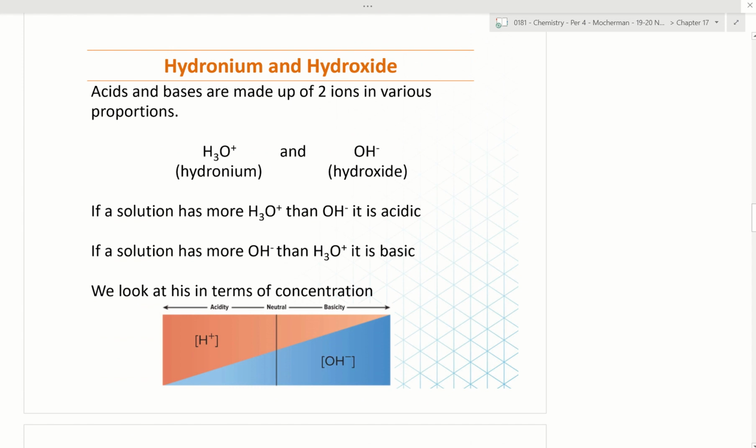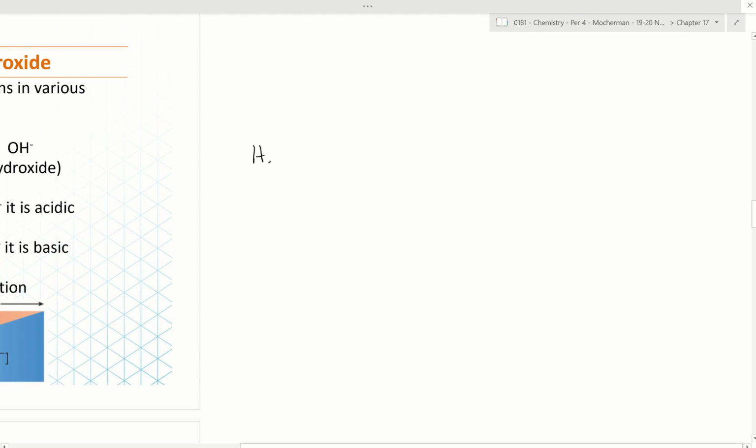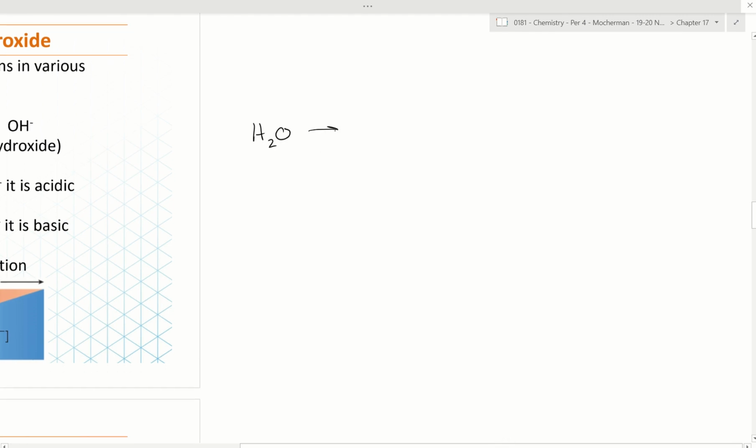All right, so let's talk about the ions that are found in acids and bases. Water, I'm just going to move over here real quick. Water by itself will actually, what we call, self-ionize into hydroxide and H+. Now this H+ is not pure H+.